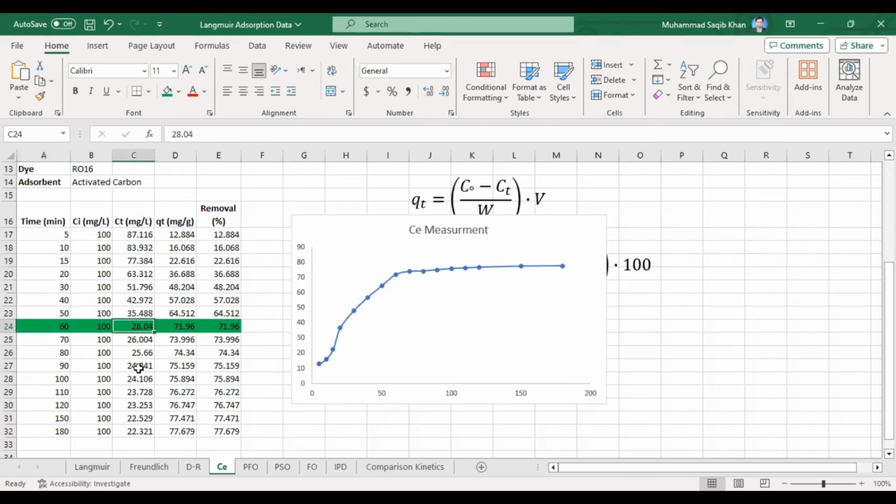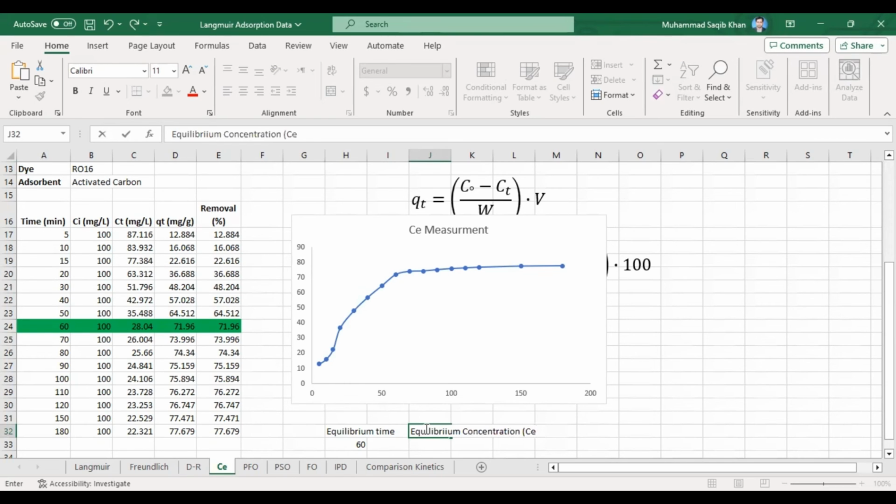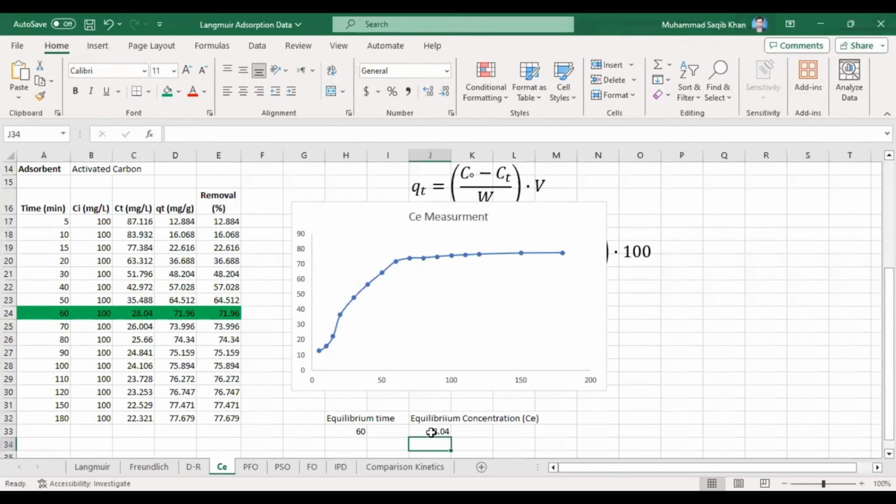Okay, this CT is basically CT at 60 minutes. So we can say that our equilibrium time is 60 minutes, and our equilibrium concentration or our CE value in this case is 28.04 milligram per liter.